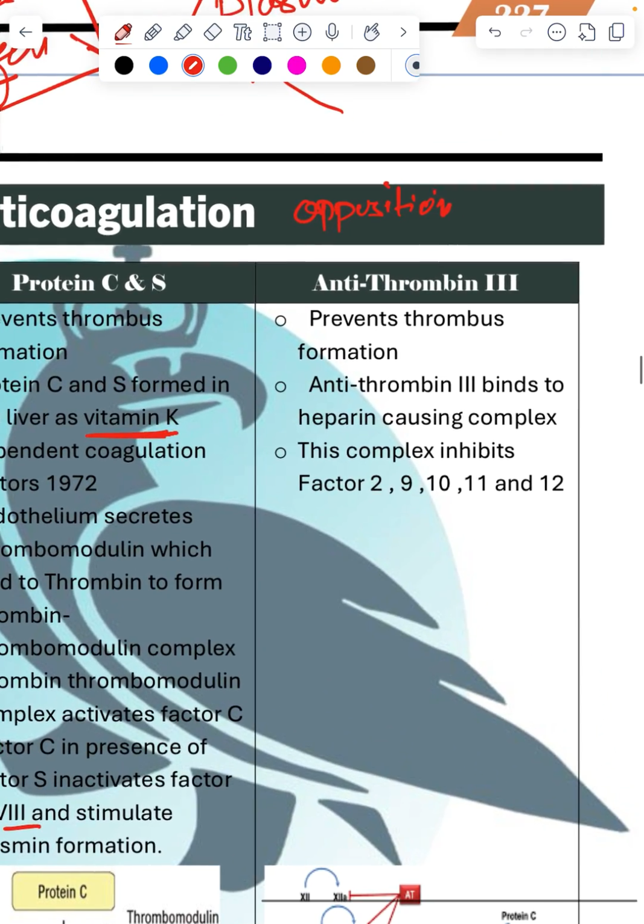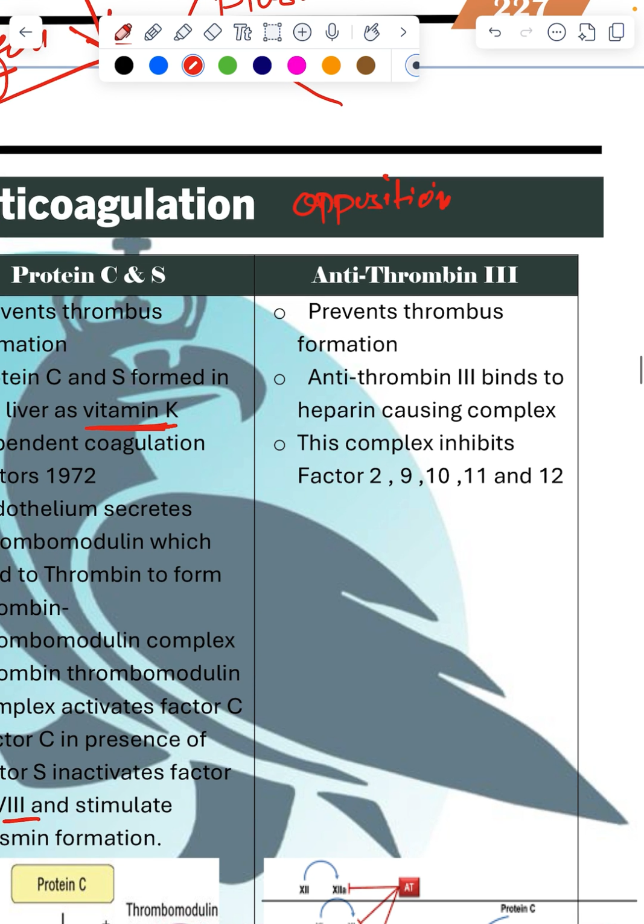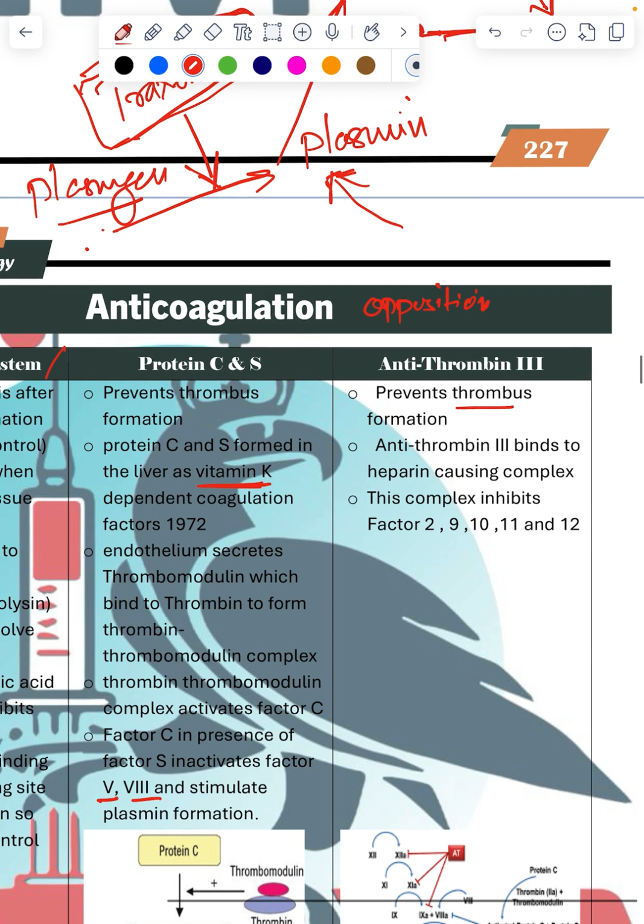The third thing, the question where we get confused, prevents thrombus formation. Antithrombin 3, this is antithrombin, this is the question. Where does heparin act? It is mixing with the antithrombin 3 to form heparin complex. This complex inhibits factor 2, 9, 10, 11, 12.